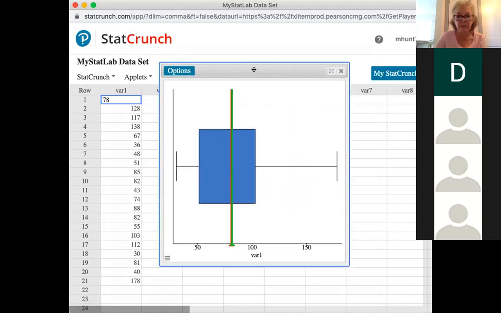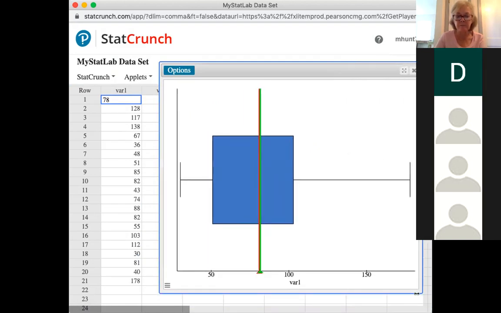Okay. So look, what is this box plot telling us? Are there any outliers? No, because I said, show me the outliers. That 178 apparently is not an outlier. What about the mean and the median?